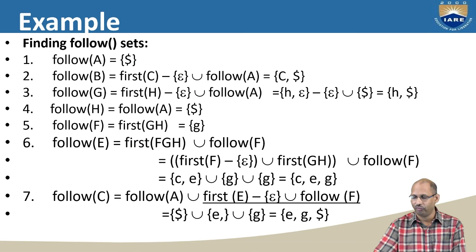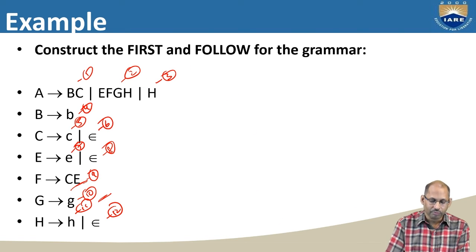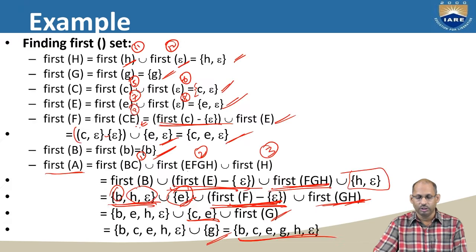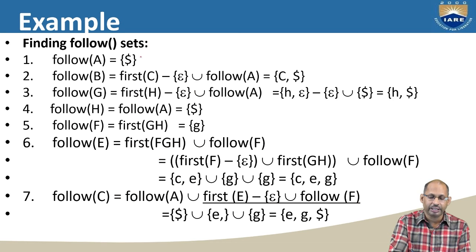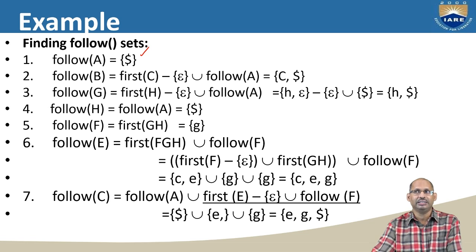Next comes the follow of the variables. The root symbol here is the starting symbol A. Is A present on the right side of any production? No. So simply follow of A is $ sign.